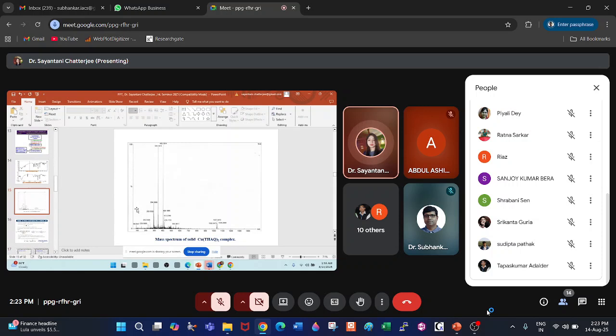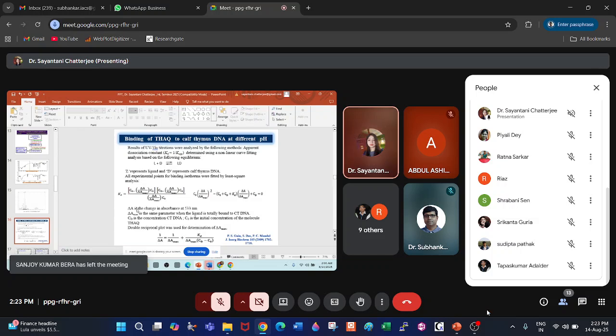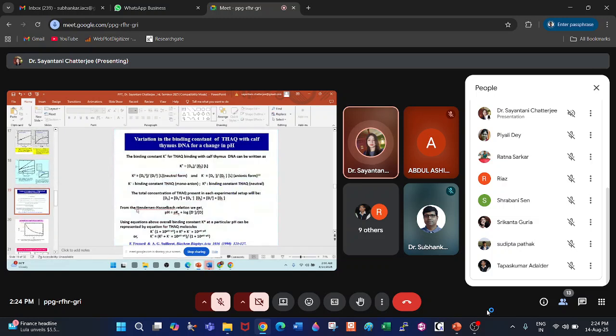Then mass spectra was also obtained, and then the binding of THAQ to calf thymus DNA at different pH was done, and the double reciprocal plots, non-linear plots were made to get the apparent dissociation constant and then the overall dissociation constant.